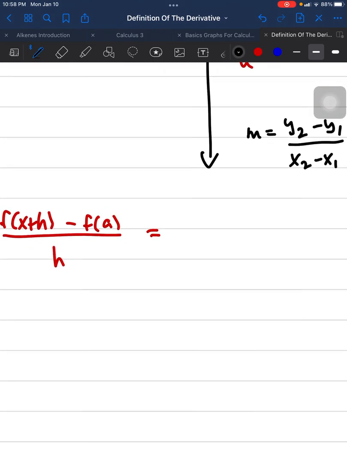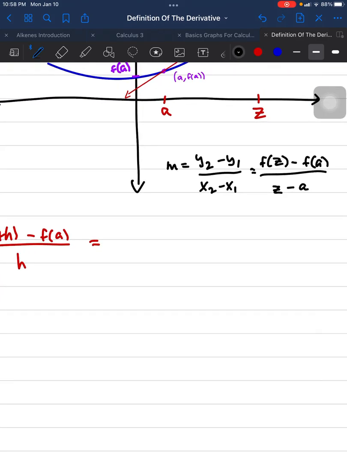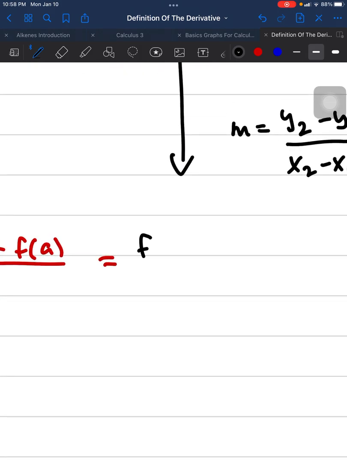So we just rewrite what we did before right here, f of z minus f of a over z minus a.